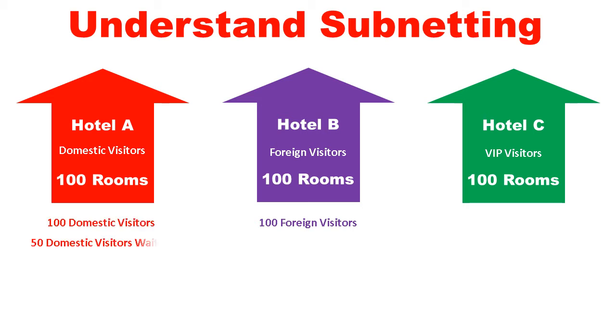But another 50 domestic visitors are waiting outside Hotel A because they do not have rooms as Hotel A is full. Hotel C has the capacity of 100 rooms, but there are only 20 VIP visitors staying, and another 80 rooms are still available.